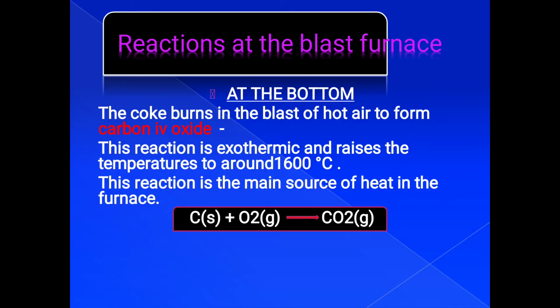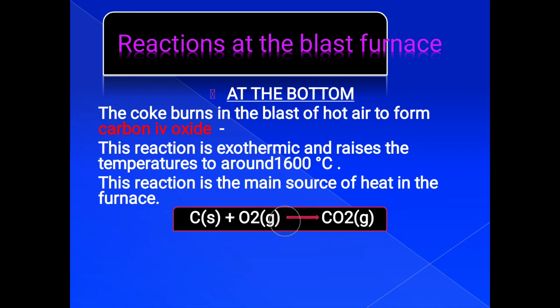At the bottom, this is the equation that happens. We say that the coke burns in the blast of hot air to form carbon 4 oxide. So the coke, which we said is basically impure carbon, is the one that burns at the bottom to give us carbon 4 oxide, like you can see here.